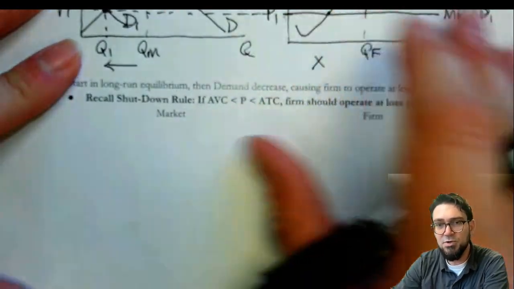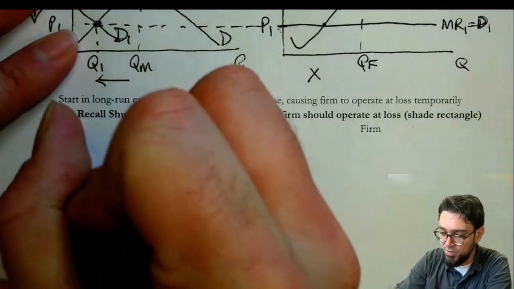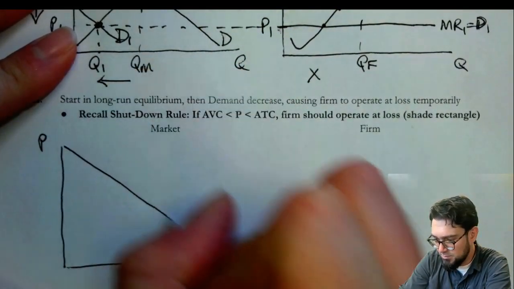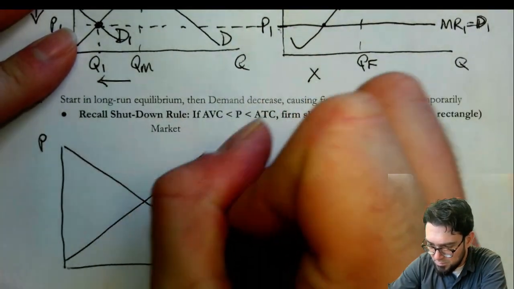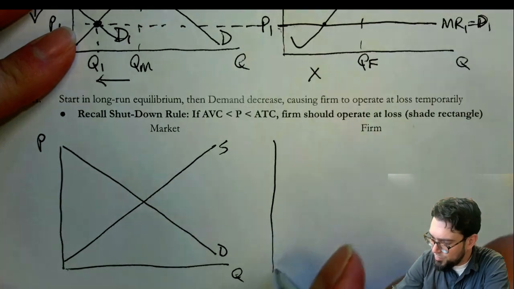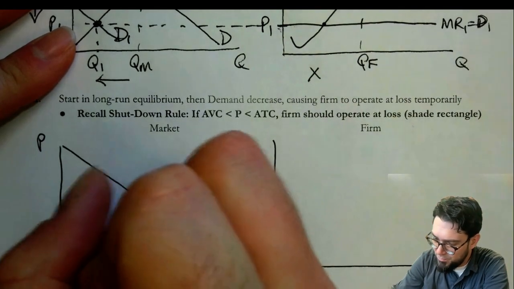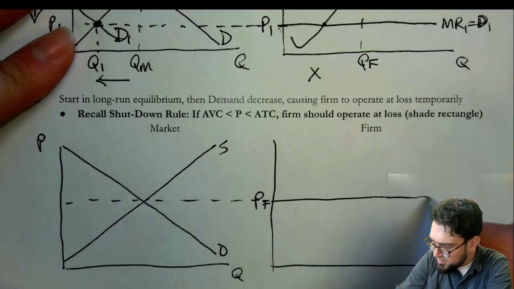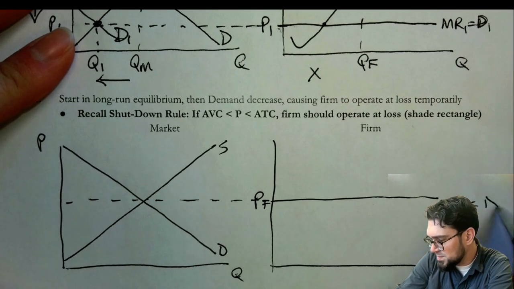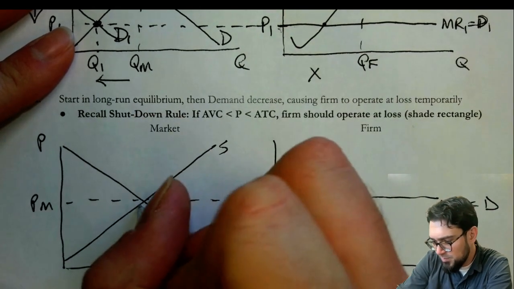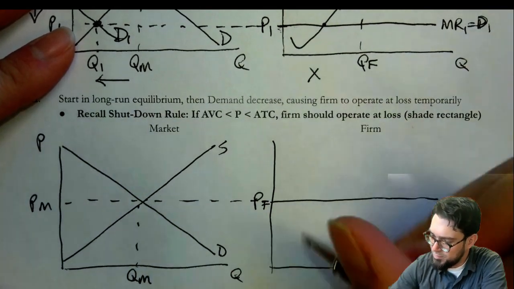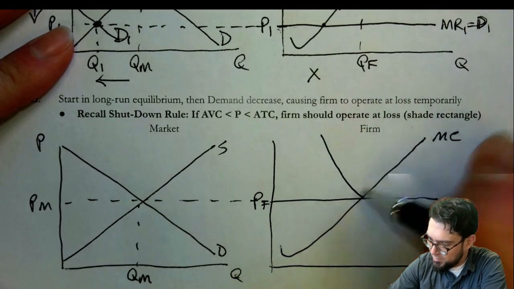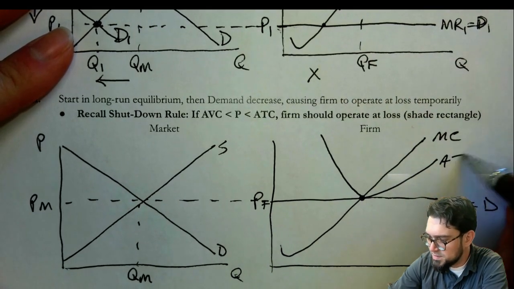Now, let's take a look at what it would look like if the firm was operating temporarily. Price, quantity. And we'll put that little firm over here. P sub F, marginal revenue equals the demand curve, P sub M, Q sub M, marginal cost, and average total cost.